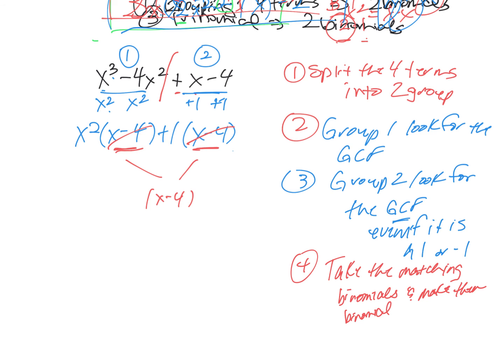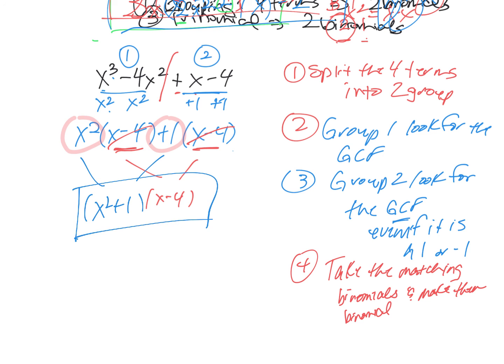Can we tell what is left here? Well, x squared and a positive 1. So that comes down and becomes my other binomial. And so my answer ends up being 2 binomials. So we're going to take the matching binomials, make them one binomial, and then step 5, take your 2 greatest common factors and make the other binomial.